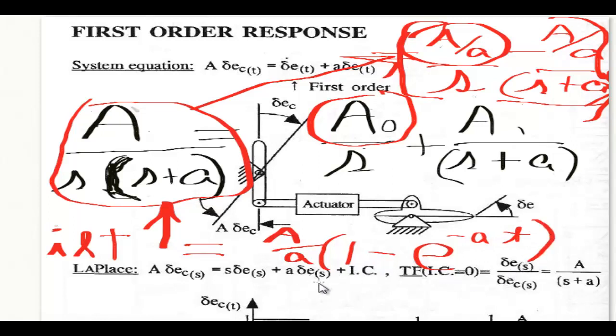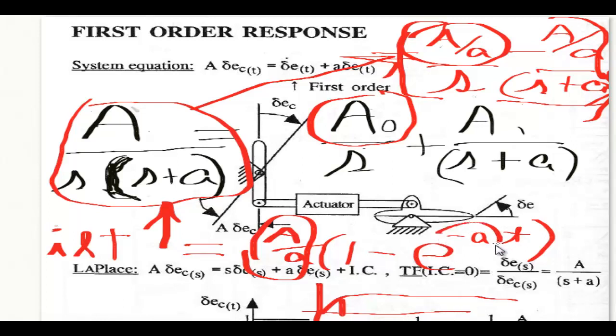And if you were to plot this function, you would get a first order response like so, with a steady state value equal to capital A over little a, and a time constant where it reached 63% of its final value at 1 over a. So the time constant is equal to 1 over little a. And that's how you pick the performance metrics for your system.